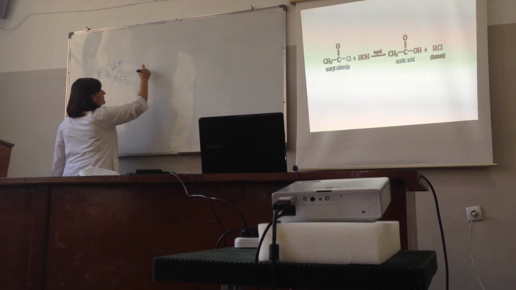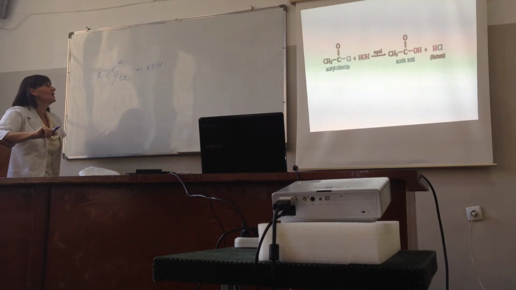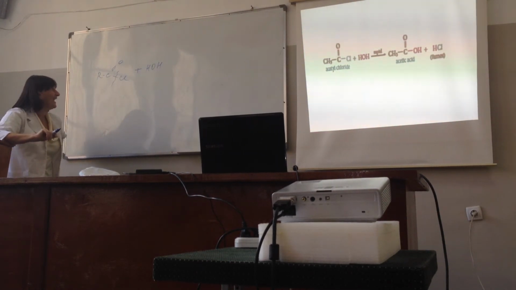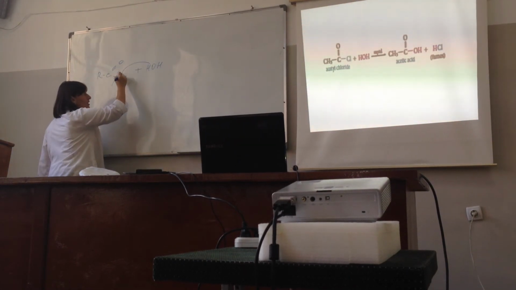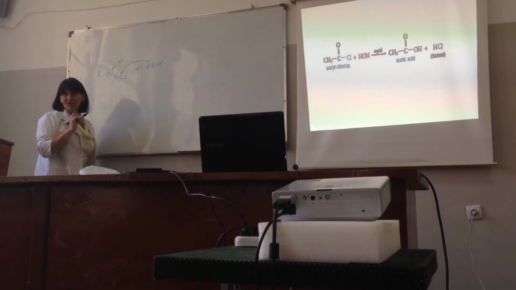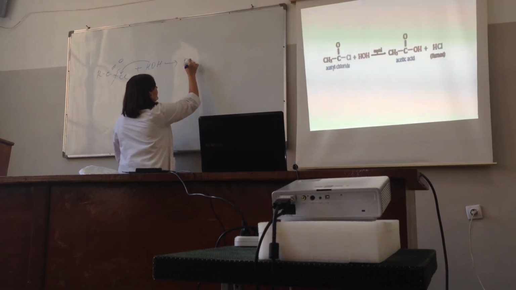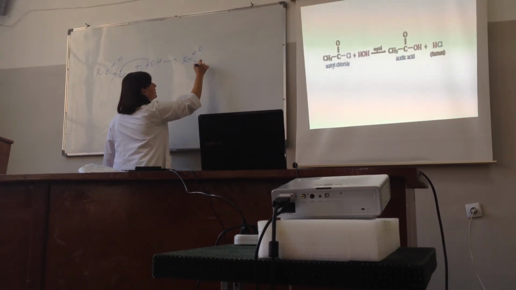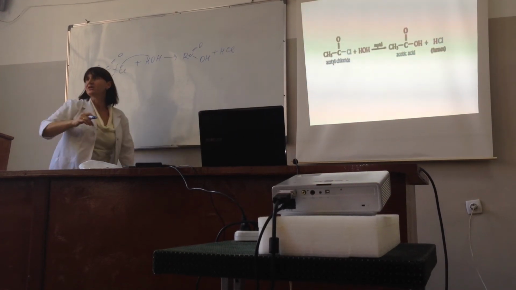Now look, HOH, first one. It's hydrolysis or reaction with water molecule. Cl is your leaving group. H always goes to your Cl. So you get R, C, double bond, O, OH plus HCl. What do you get here?